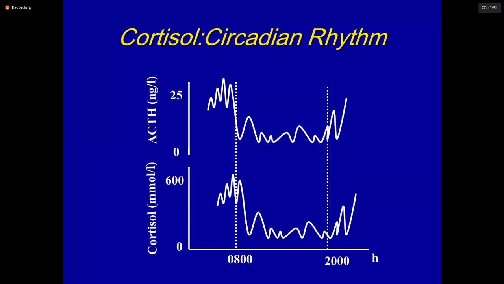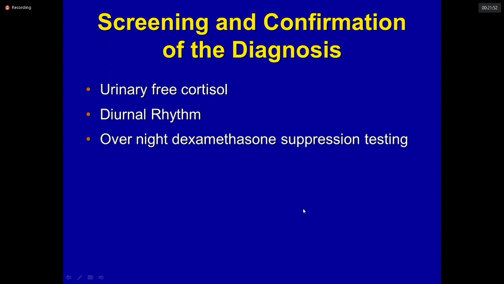There will be smaller peaks around the afternoon, and then the levels will reach their lowest around midnight, and then the cycle will go up again to get the highest level of cortisol in the morning.